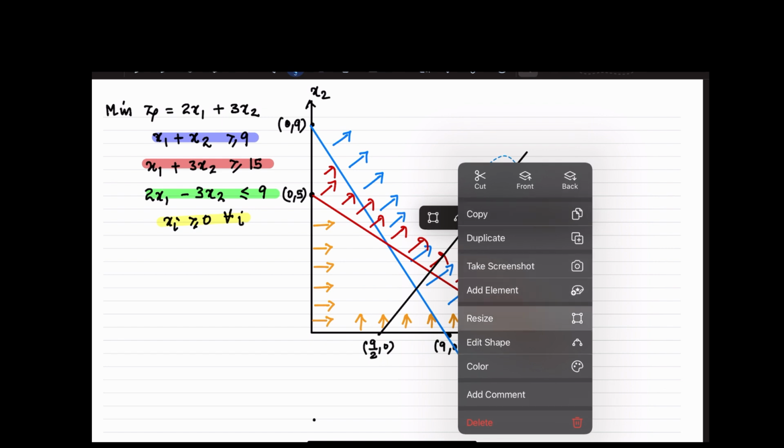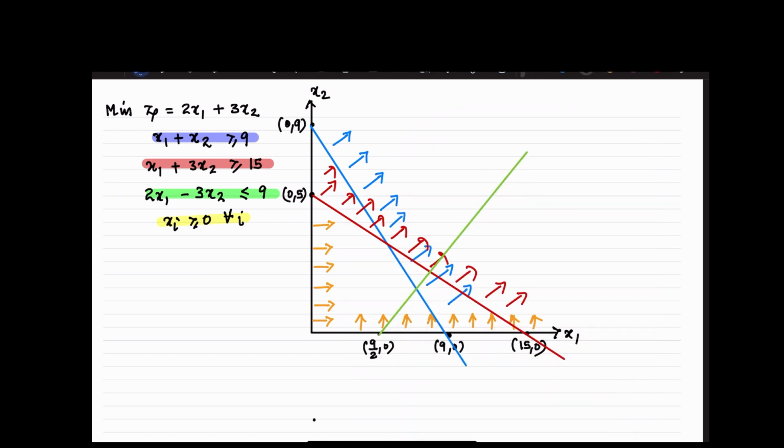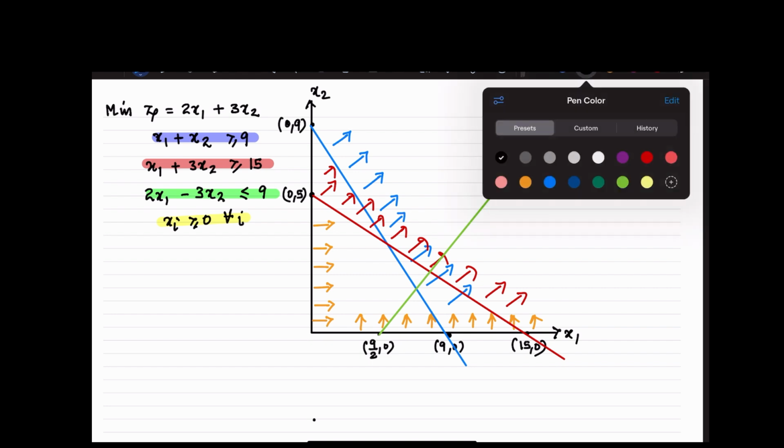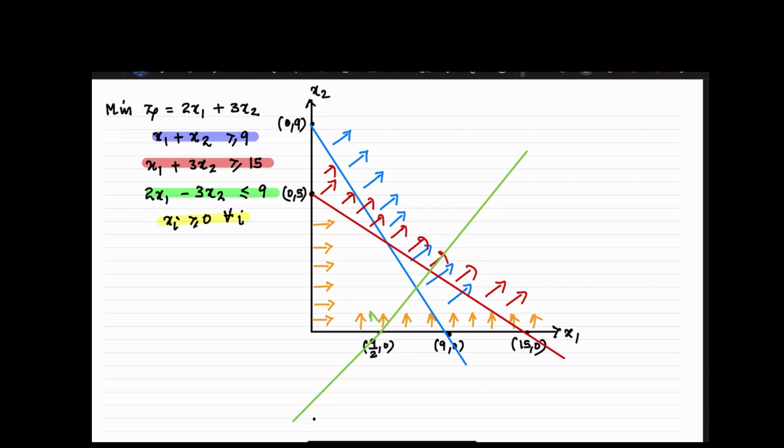This is the green constraint. Now if you put 0 comma 0, so 0 minus 0 is less than or equal to 9, which is true. So we have to be towards the origin. So towards means if you extend this, this side.